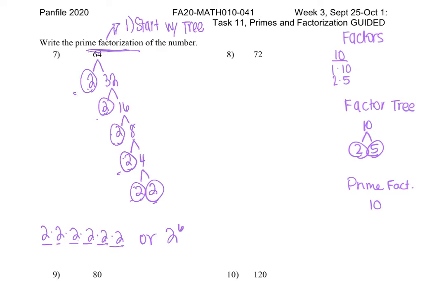Now, we haven't quite talked about exponents, but we're going to push through that to write it correctly. So what you want is the number that you have, so how many 2's you have here. The base number, and how many you have as your exponent.